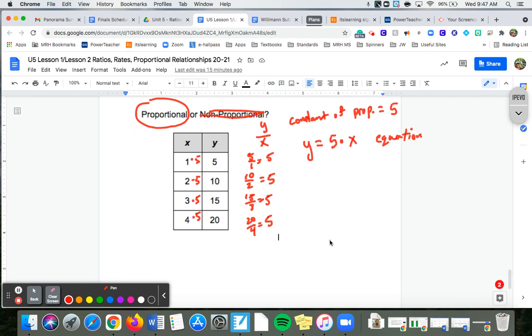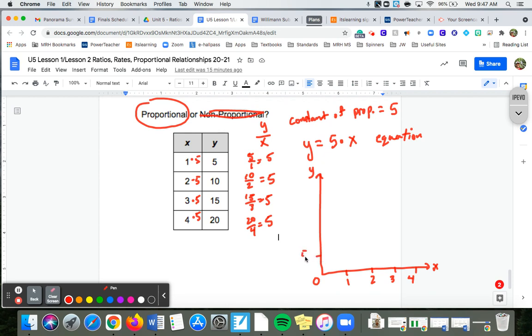The other thing with this would be graphing. So graphing this, we'd have our y-axis and our x-axis. 0 would be here, and I could set this up so that here's 1, 2, 3, 4. Almost made the mistake there, but x's go on the x-axis, and y's go up here.